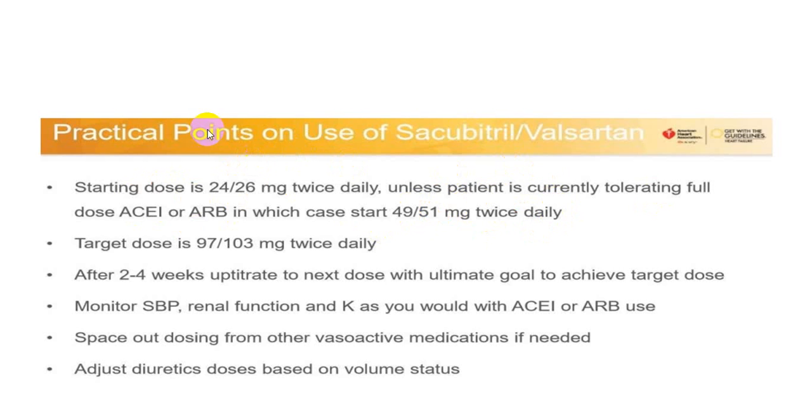Usually when you are starting with that, you will have to stop other ACE inhibitor or ARB, whatever you are using, and switch over to this particular compound. Maximum you can go up to 200 milligram twice daily. But while using this dose, you should keep a watch on potassium, as well as on volume levels and other parameters.